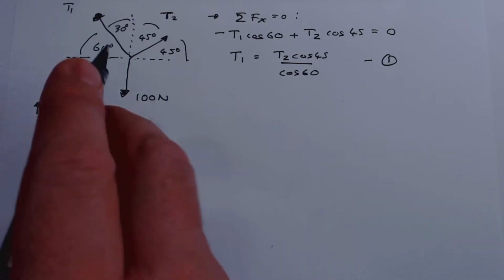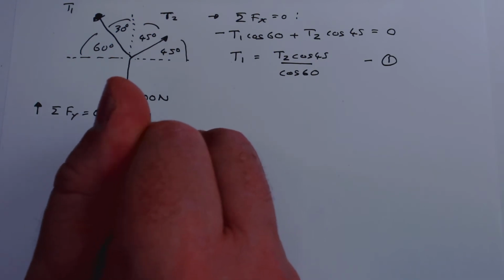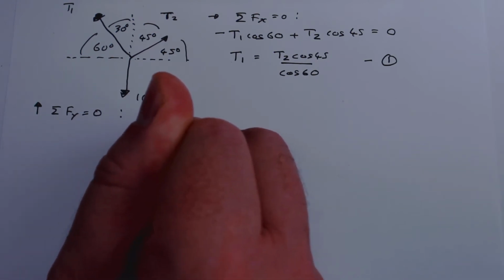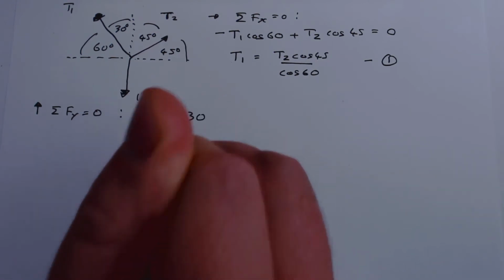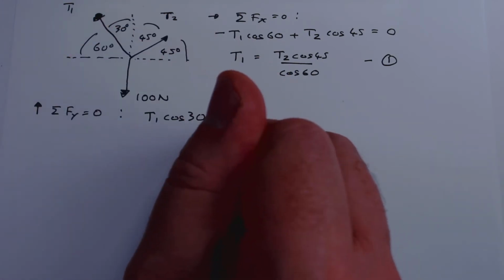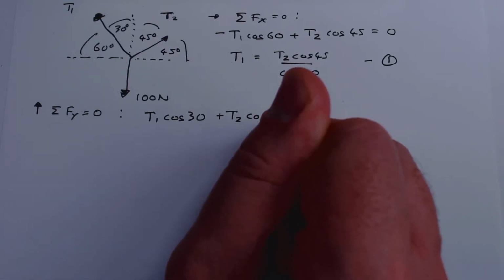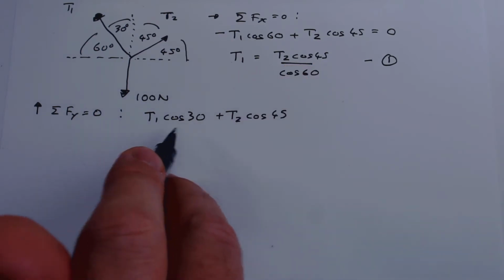Okay, so the first one I can see I need to swing through 30 degrees. So I've got T1 cos 30. This one here I've got to swing through 45 plus T2 cos 45. Do you see one advantage of always using coses?